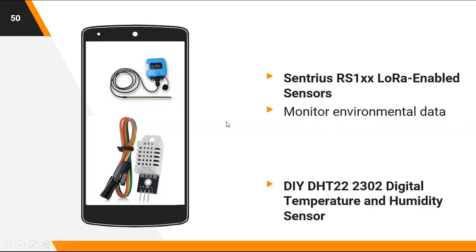We'll see this kind of sensor in projects such as weather monitoring systems. Another is the DHT22, which is used to measure temperature and humidity from a particular environment. This sensor measures both your temperature and humidity.